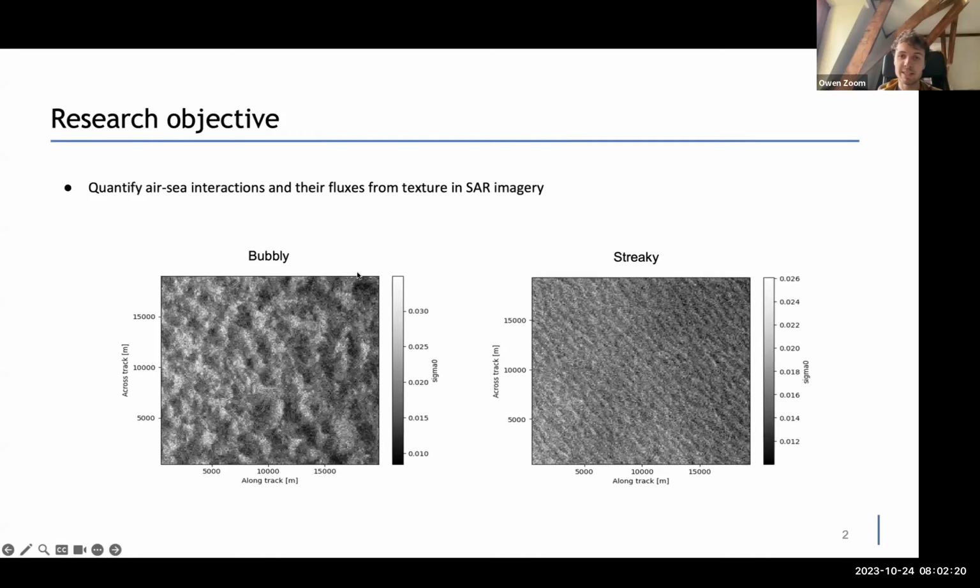One has a bit of a bubbly texture, whereas the other one is more streaky, aligned in a certain orientation. And from these texture differences, we would like to quantify what type of air-sea interaction is occurring and find out what the fluxes associated with these interactions are.